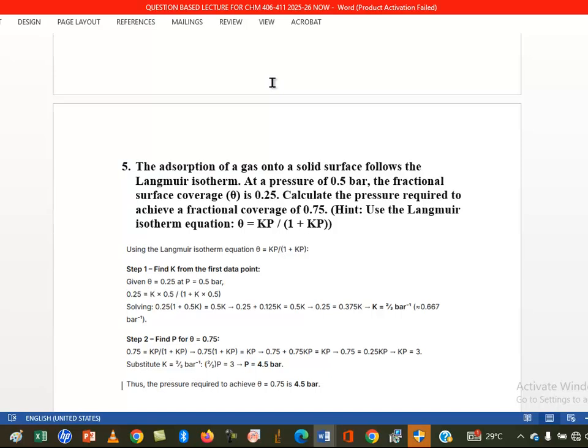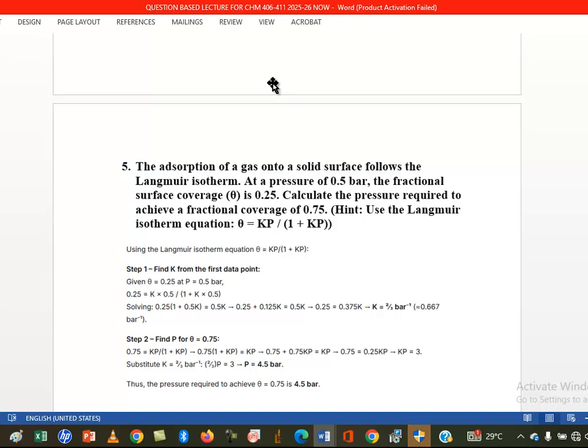Now I want to get the pressure when your theta is 0.75. So K is constant in both conditions. Now you have changed your theta to 0.75.